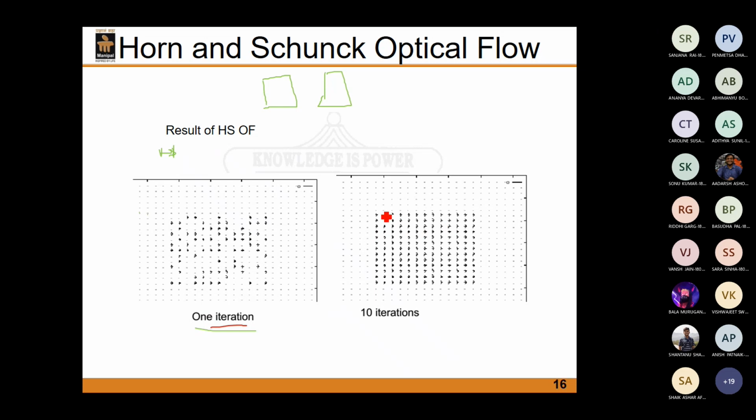This shows that there is a movement along this direction. If we observe, the lengths of all these optical flow vectors are also the same, which means that it has moved along this direction by this particular amount.